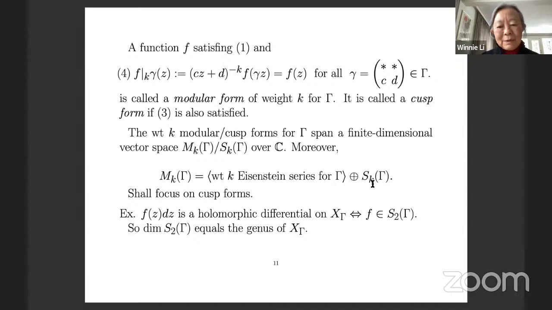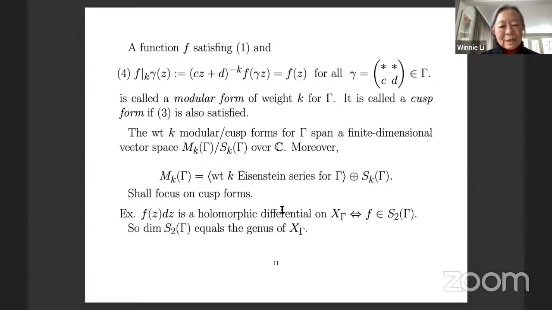And the complement of the cusp forms inside all modular forms is explicitly constructed with Eisenstein series. They generate a space which complements S_k(Γ). The Eisenstein series are well known, so we are interested in the cusp forms.